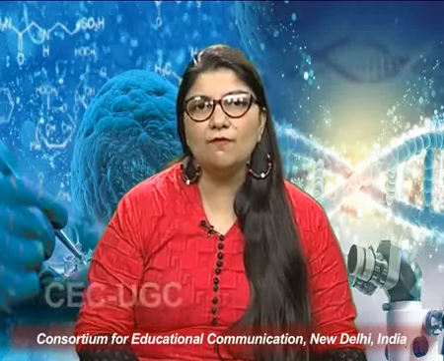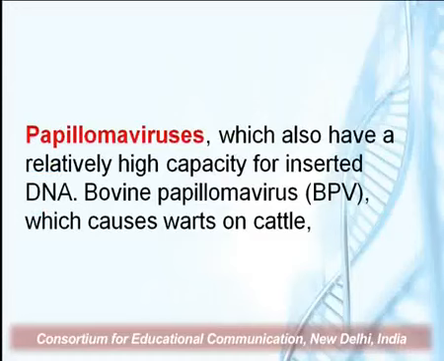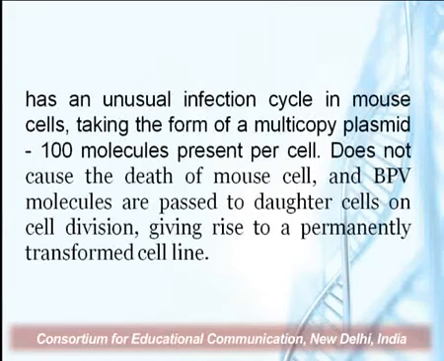Then the papilloma viruses are there, which also have a relatively high capacity for inserted DNA. The bovine papilloma viruses, which cause warts on cattle, are of particular interest because they have an unusual infection cycle in animal cells, taking the form of a multi-copy plasmid. So 100 molecules are present per cell.